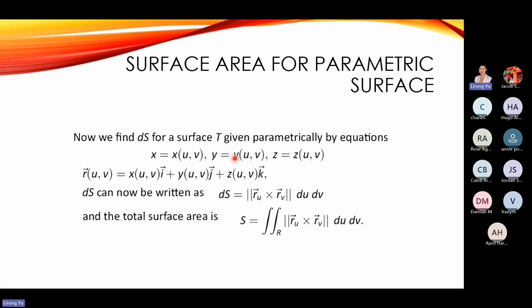Just like we have a differential for the arc length, now the differential for the surface area, dS, is equal to the magnitude of the cross product r_u × r_v, and then du dv. So now du dv is the individual differential, which we turn into a rectangular two-dimensional integration, right? So that's the method. That's how we can handle parametric surface area.